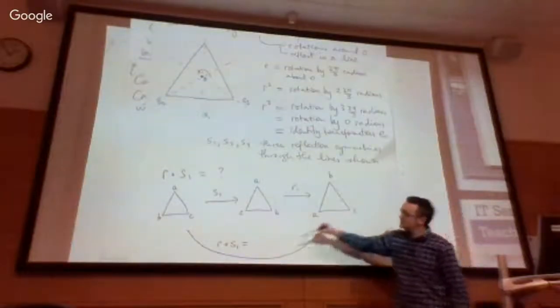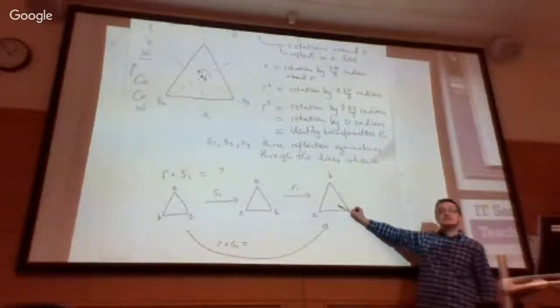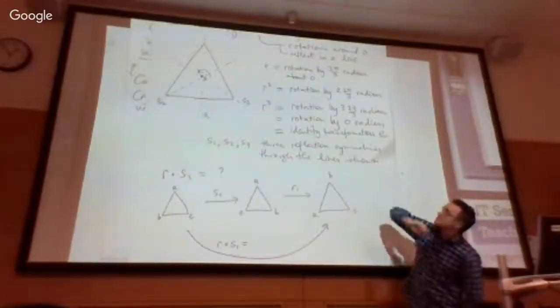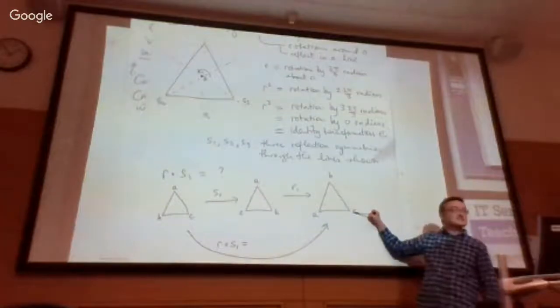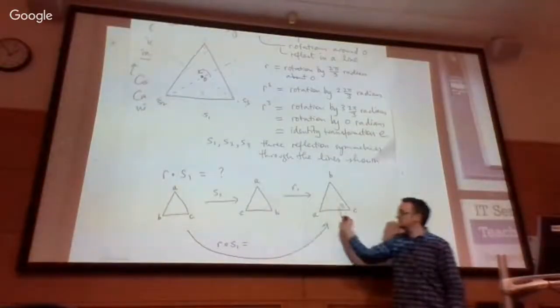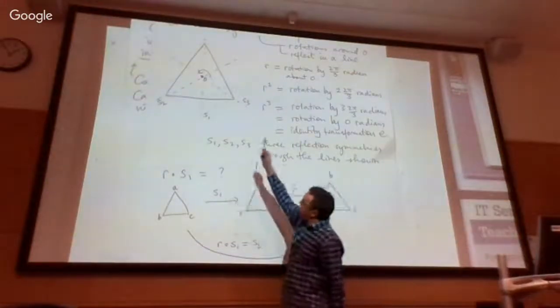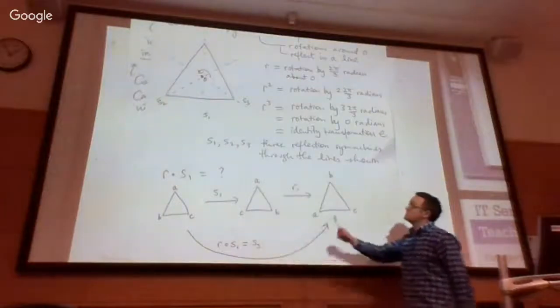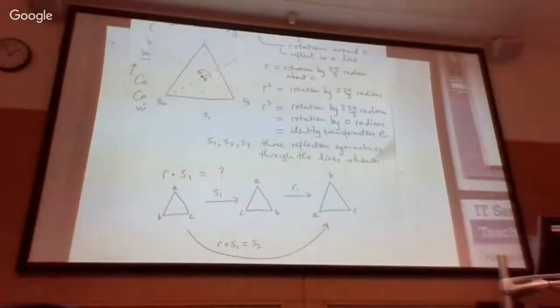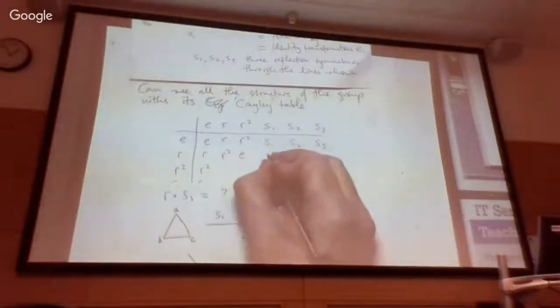So the overall composition must be the reflection S2. Is it S2? S3, excuse me. This one that fixes C and swaps B and A. See that there from the first triangle to the last one. So this is S3. Rotating after reflecting in that axis gives us reflection in the S3 axis. So this would be S3.